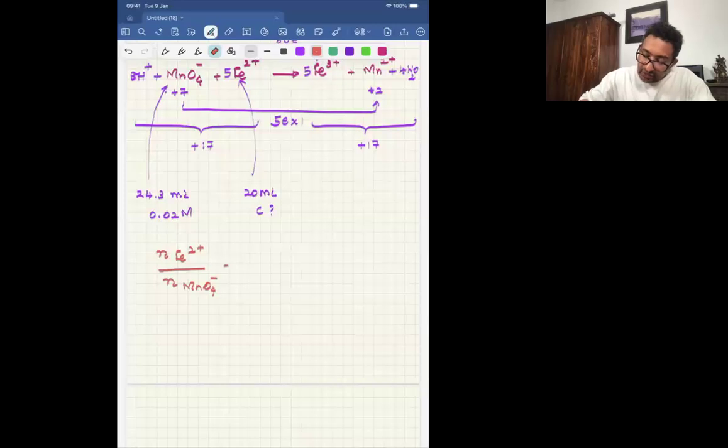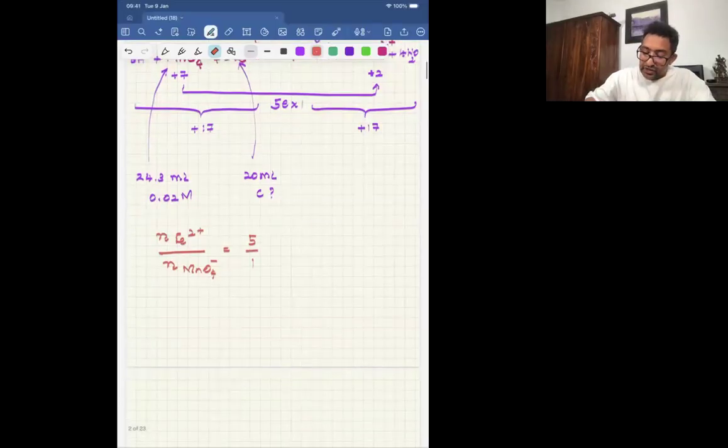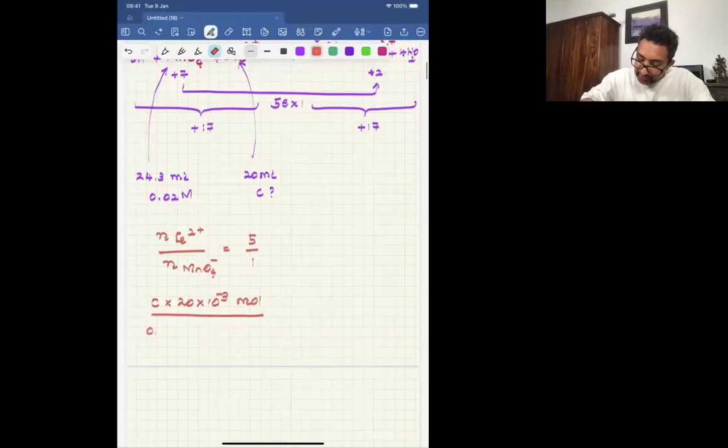Fe plus 2 is 5, permanganate is 1. So what is this? 20 milliliters, concentration times 20 times 10 to the power minus 3 moles. Concentration times volume is equal to number of moles. Now that you are better at this, try to use a minimum number of steps.